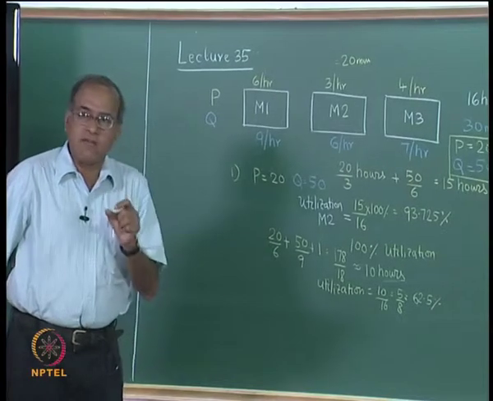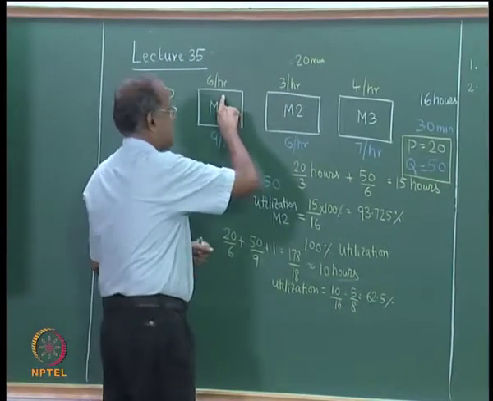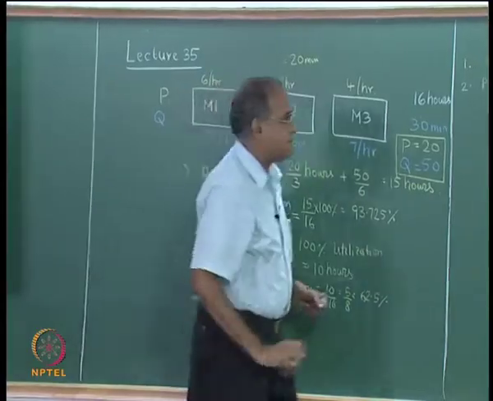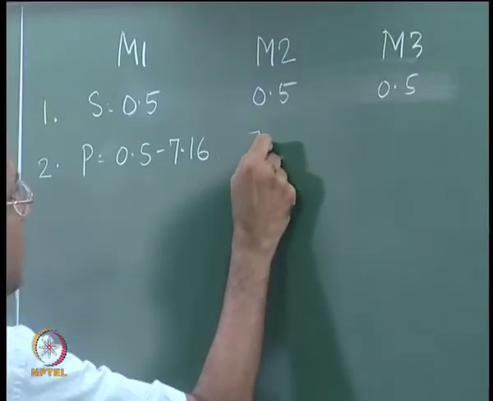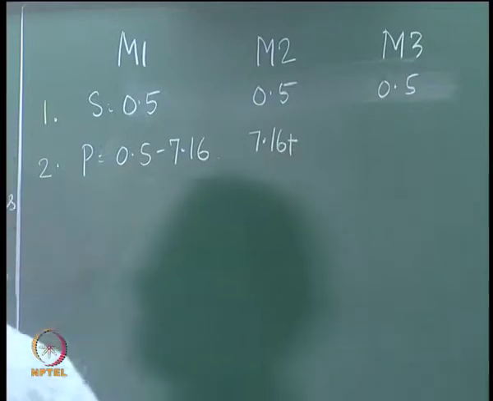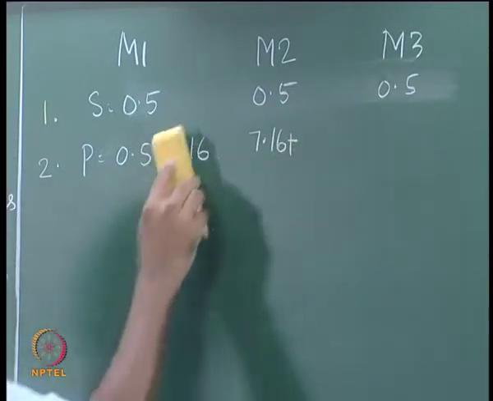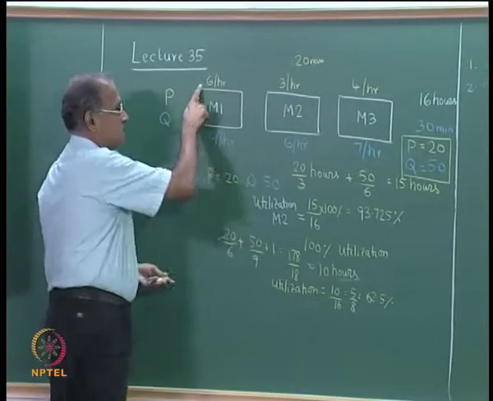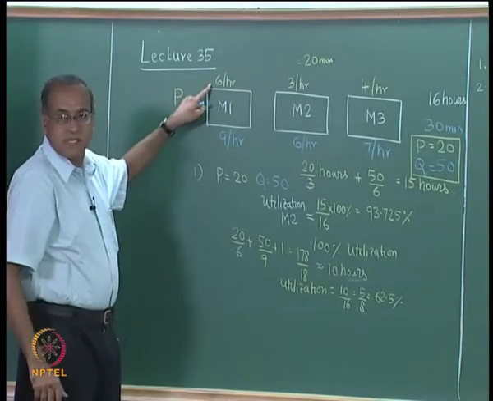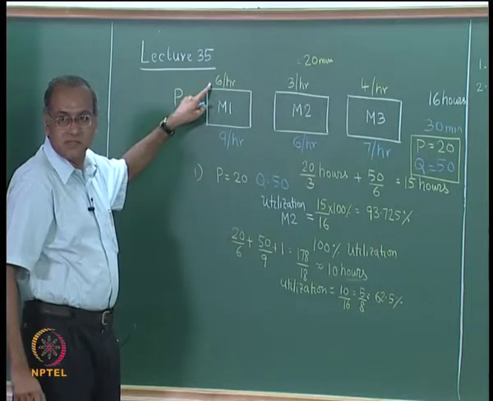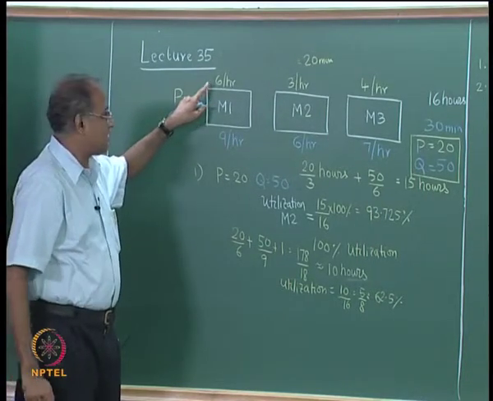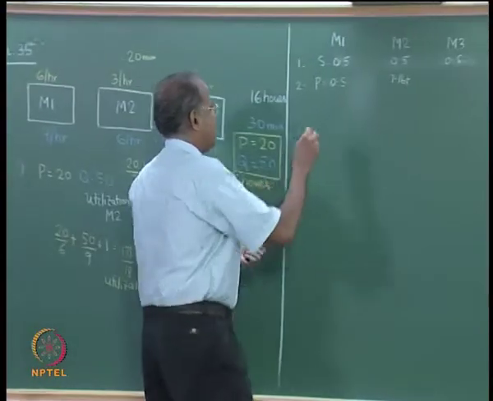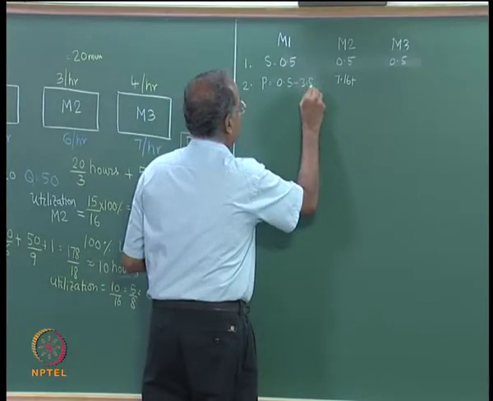Now, if we have a full transfer batch, after all this 20 is made, if that goes here, then the time will start at 7.16 hours. Sorry, this will not take 6 hours. To produce this will take 20 by 6 hours, which is 3.33 hours. This is the non-bottleneck. So, this will take 3.33 hours, so to 3.83 hours.